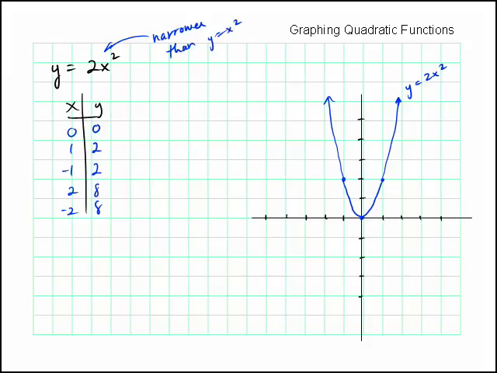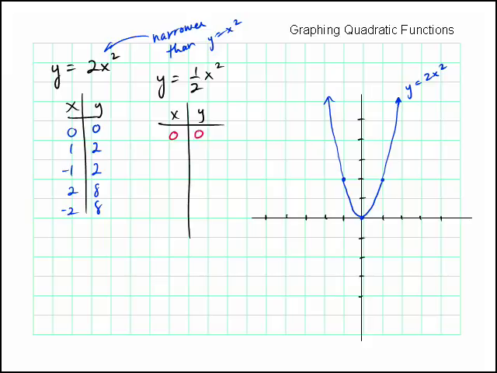So multiplying the x squared by a number larger than 1 actually makes our parabola skinny. If I multiply it by a fraction, some number between 0 and 1, this will make the parabola wider. For example, y equals 1/2 x squared.